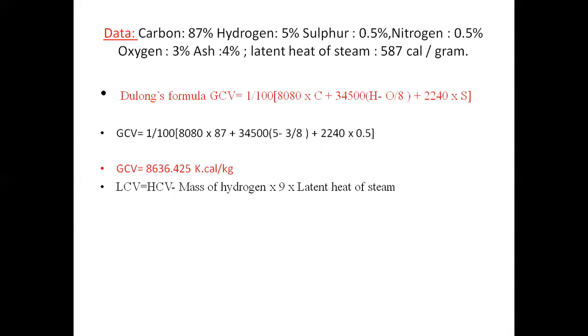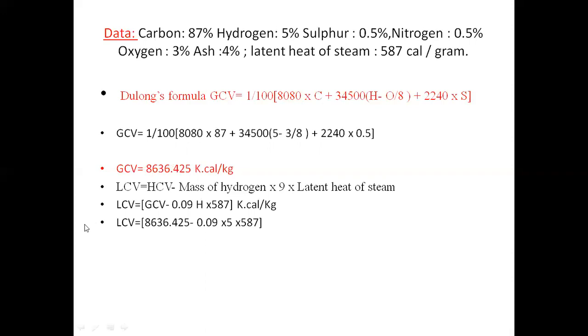We just replace all the values in this formula. So that is GCV minus 0.09 H into 587 kilocalories per kg, right? Next, you just replace all the values.